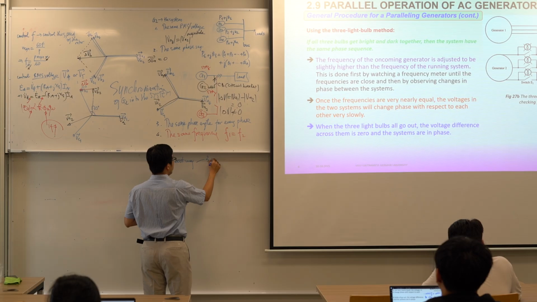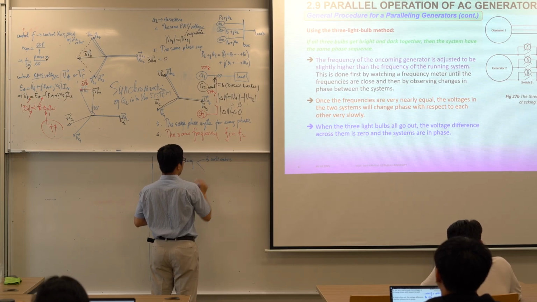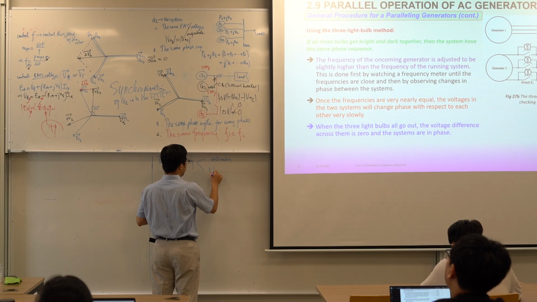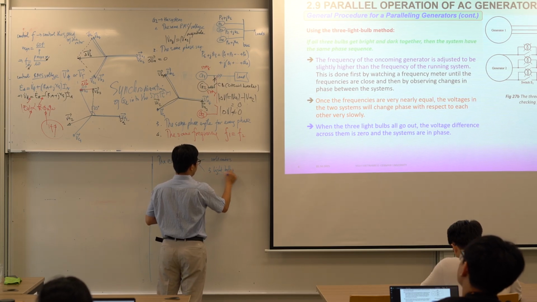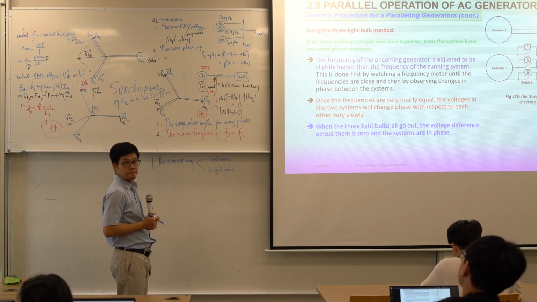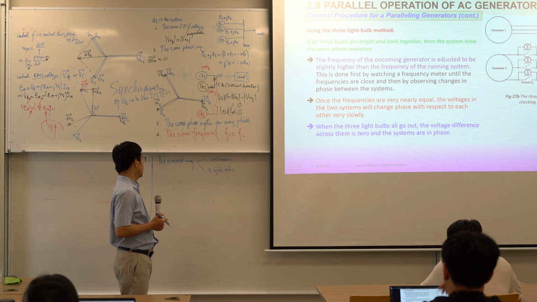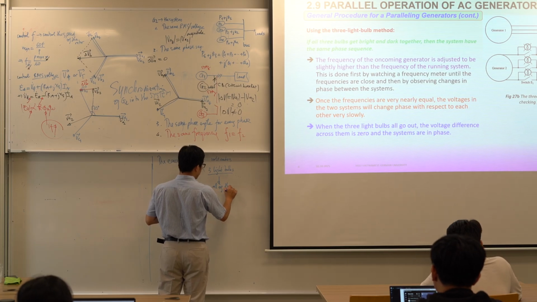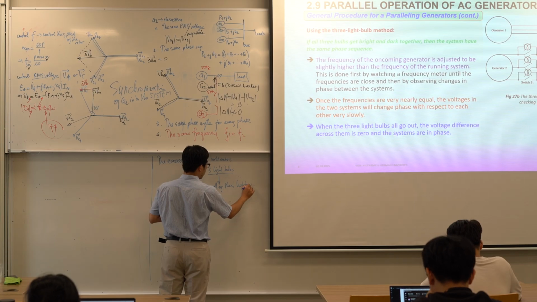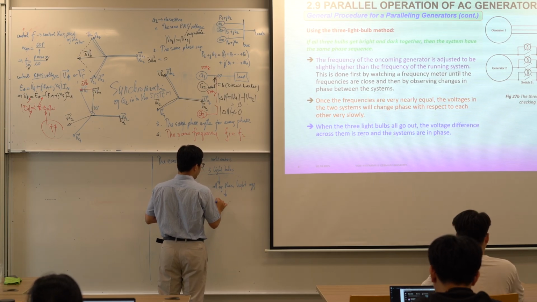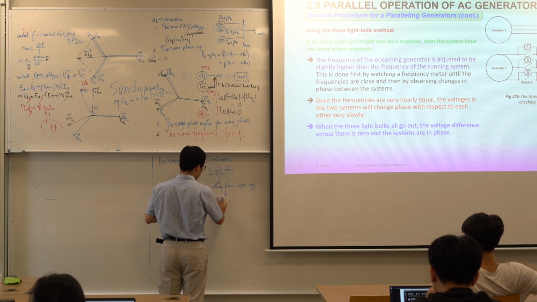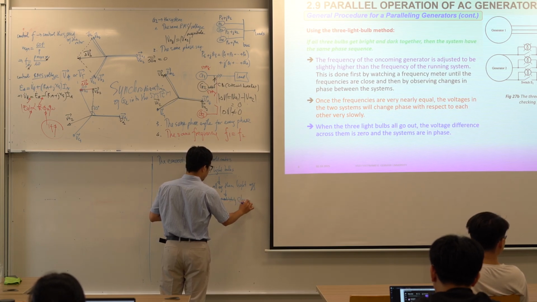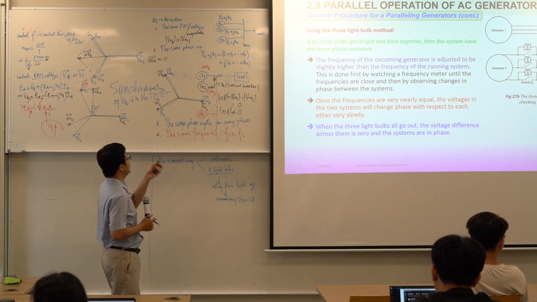If we use the easiest way, we use three voltmeters, or we use three light bulbs. If you don't want to use voltmeters, you can use three light bulbs, and if all of them are off, immediately close the circuit breakers to get the synchronization.